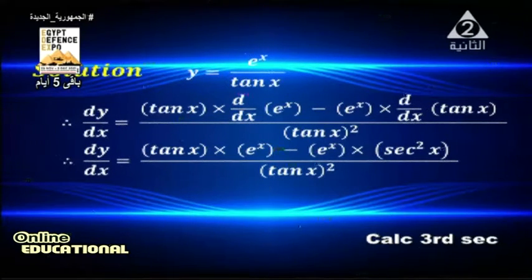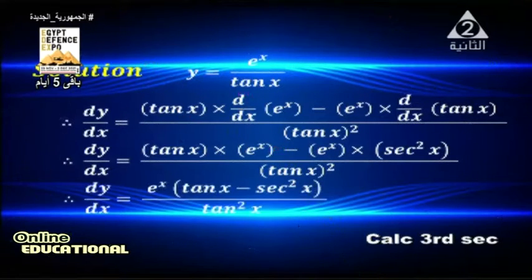We can take e to the power x as a common factor. Then dy dx equals e to the power x multiply between two brackets tan x minus sec power 2x all over tan power 2x. We can write tan x all power 2 as tan power 2x.